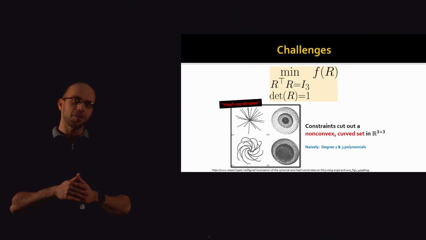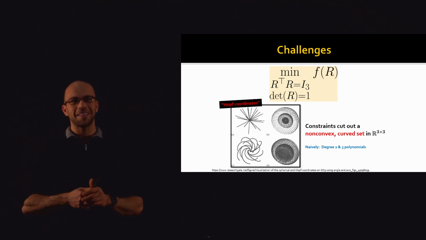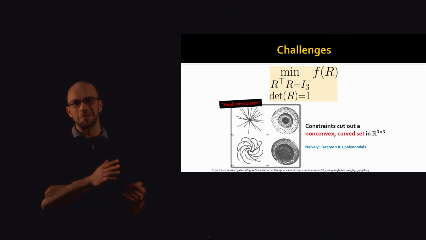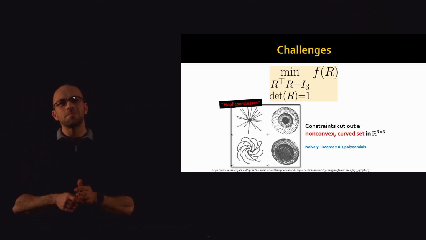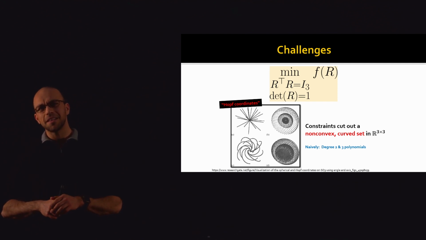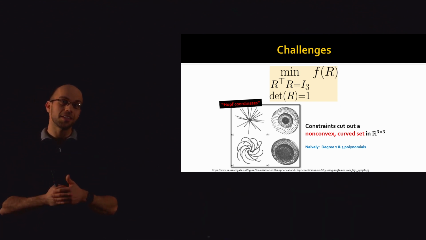And it is possible to embed this thing in different ways. Maybe you use fancy coordinates like Hopf fibration or Euler angles or whatever. But basically, the challenge remains here that somehow what you'd really like to do is just find a variable on this manifold and never leave it.